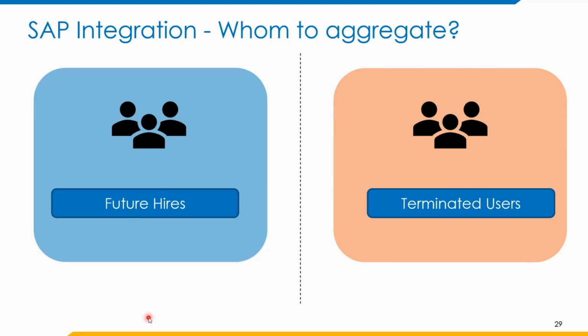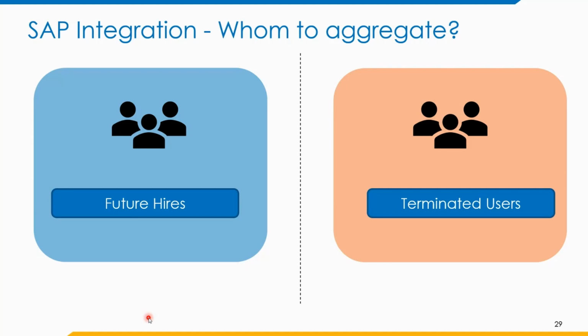So what is meant by future hires? For example, a user is getting hired to the organization where the SAP system is situated the next week. So those are the future hires, or even tomorrow, the next day, is also a future hire. So in that case, if we don't want to aggregate the future hires, we can simply specify 0 over there.